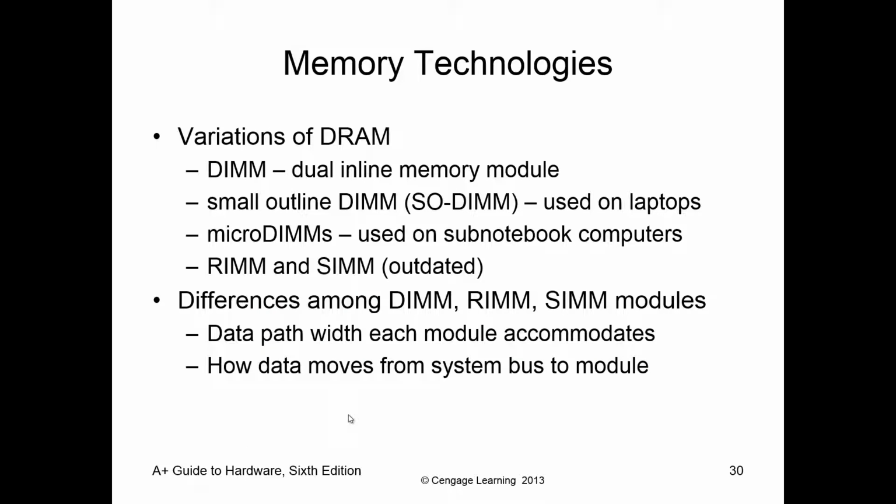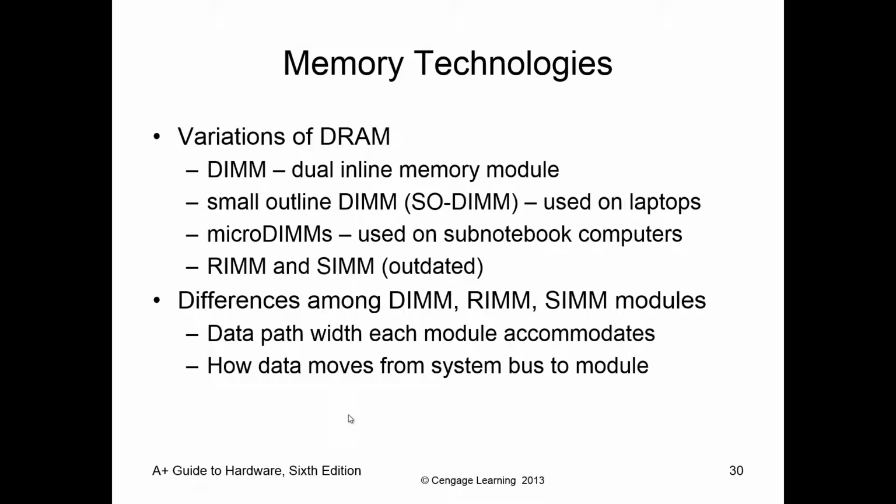Other variations of dynamic RAM are our DIMM, which is a dual inline memory module. That basically means memory on both sides. Small DIMM, or SODIMM, is typically used in laptops. Lastly is our RIMM and SIMM. Our SIMM is our single inline memory module.